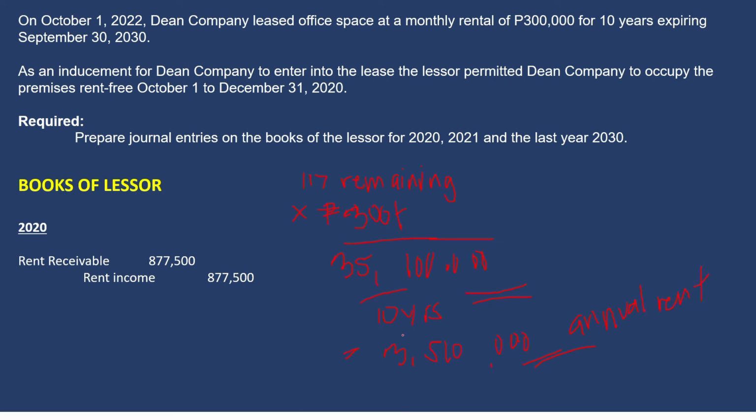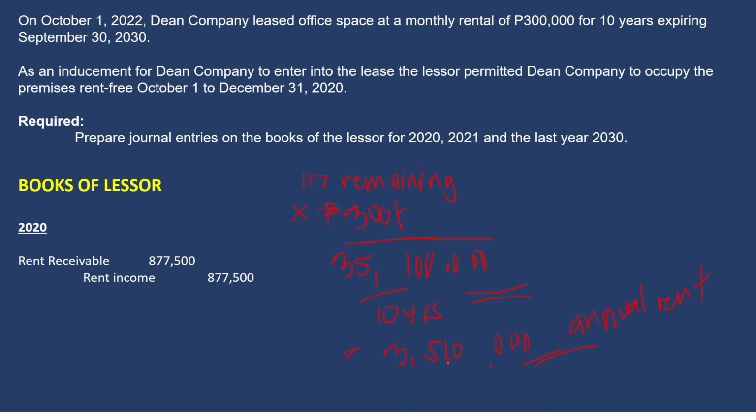Now, for the first period, kung unsa ni sa year 2020. Okay? For the first period, ang atong i-compute, rent from October 1 to December 31. Because, nag-start siya og abang October 1.